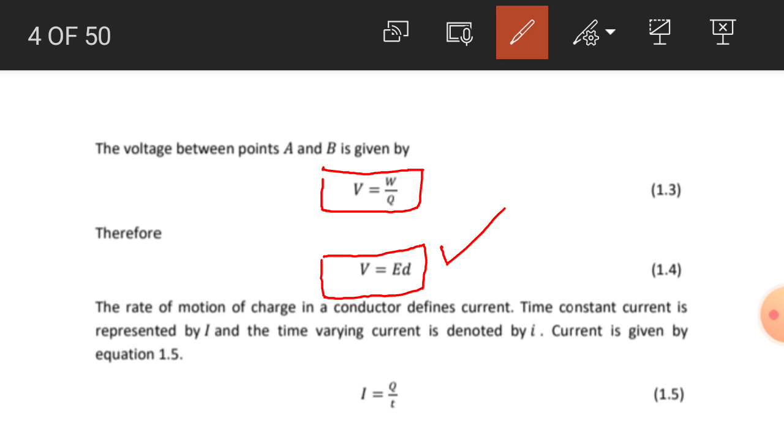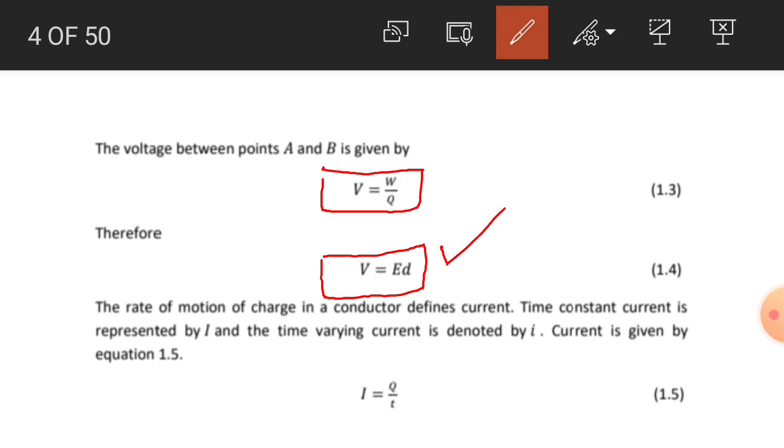So voltage is electrical energy. This electrical energy moves charge from one place to another place. And the rate of motion of charge in a conductor defines current.